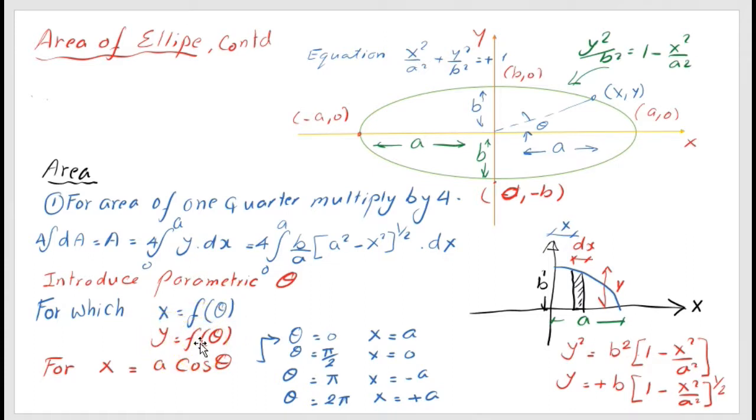Now, in order to let that expression fulfill our requirement, we'll assume that x equals a cosine theta, and we check the various values of theta and the corresponding value of x, and we check it in our ellipse to see what's going to happen. For theta equal to 0, and our theta, by the way, is the angle between x and y.